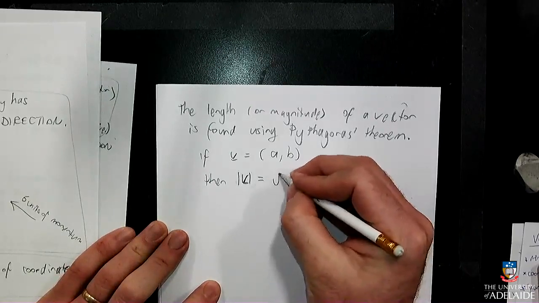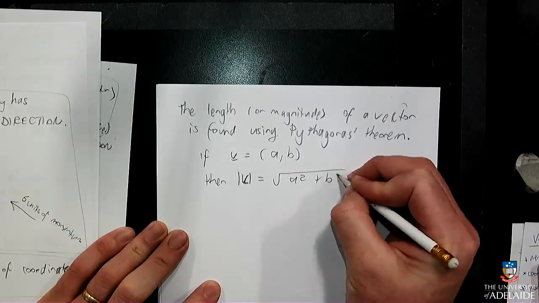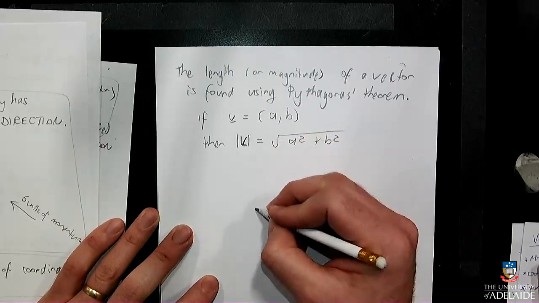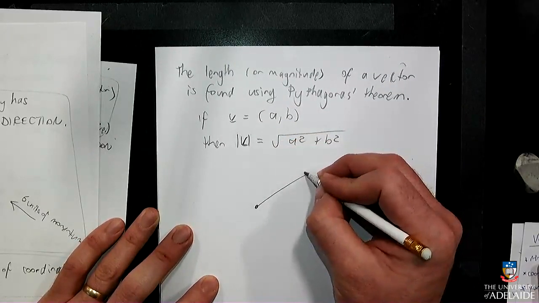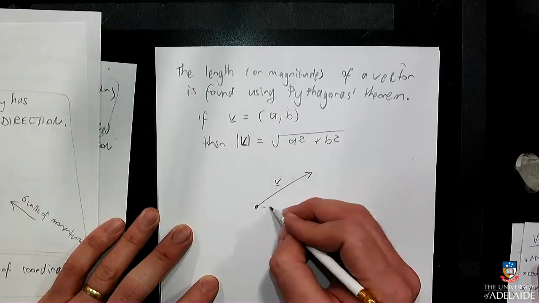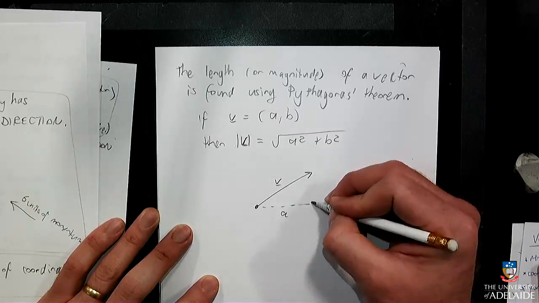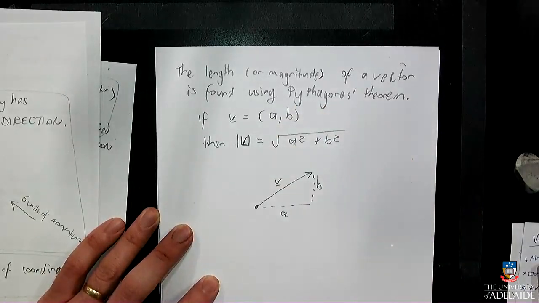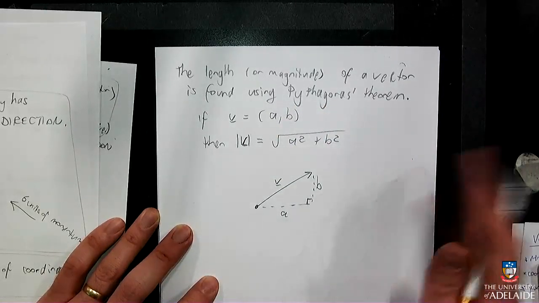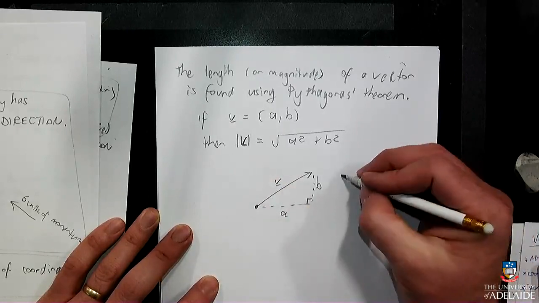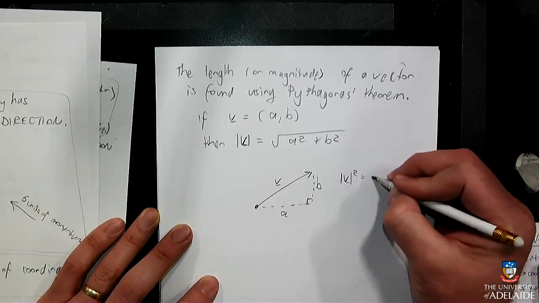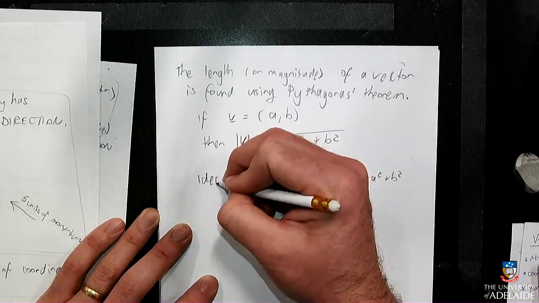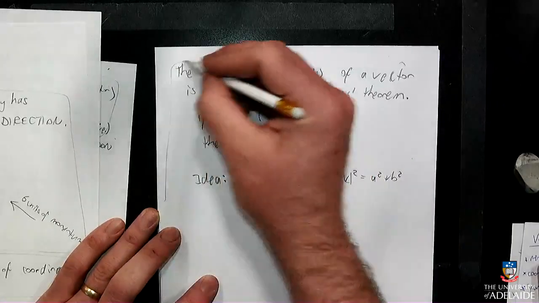And so this is the square root of a squared plus b squared. And it works like this. If this is what v is, and that distance is a, and that distance is b, because that's what the (a, b) refers to, then by Pythagoras' theorem, the length of v squared would have to be a squared plus b squared. This is the idea.